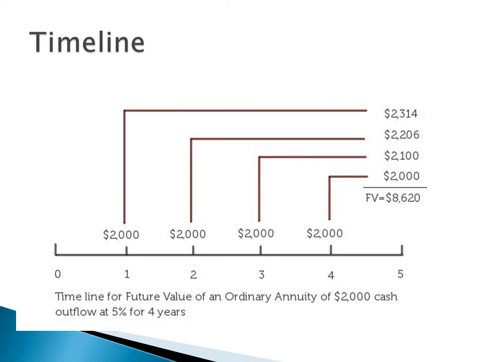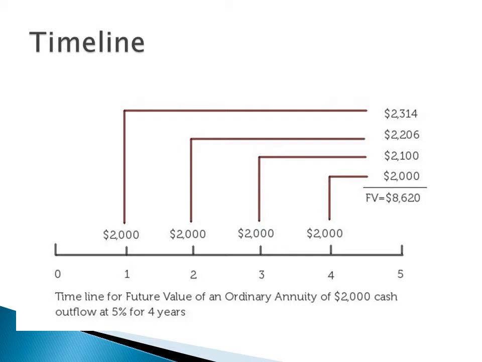Year 3 is just having interest compounded from year 3 to year 4. And year 4 has no compounded interest because the annuity has matured by year 4. So the most amount of interest has been added to year 1, which gives you a total future value of $8,620. And again, that's the easiest way to draw it out to show you.